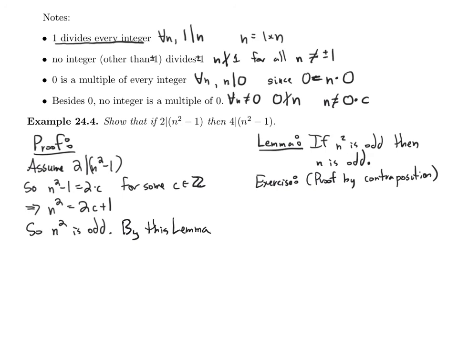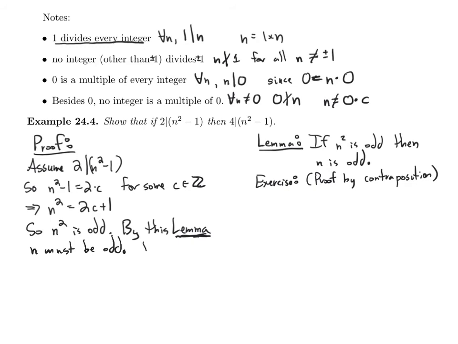Usually we'd have some sort of reference here, so we might call it lemma 1, or depending on the chapter, maybe lemma 4.1 or something like that. So if there are numbers to go with your results, you would reference those results. But this lemma is kind of internal to our example, so I can just say by this lemma, we know n must be odd.